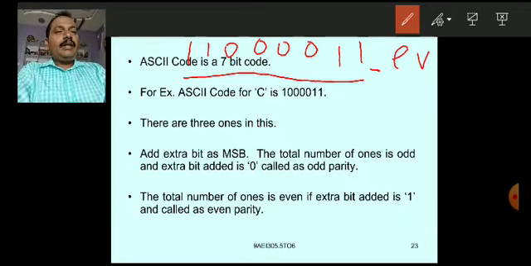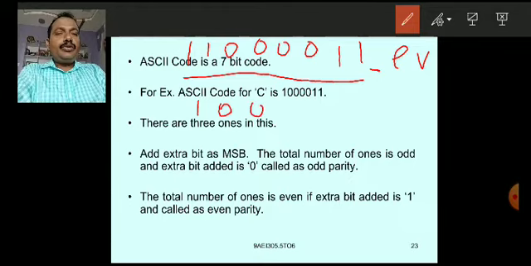For example, let us take the same code and adopt odd parity. The message signal here is, once again, I write 0, 1, 0, 0, 0, 0, 1, 1.